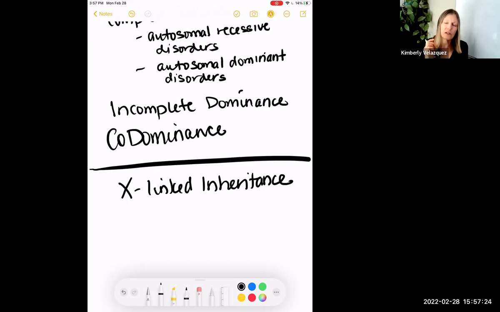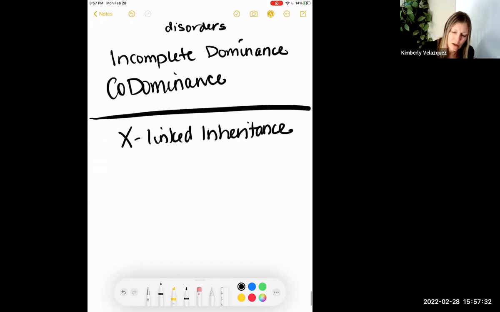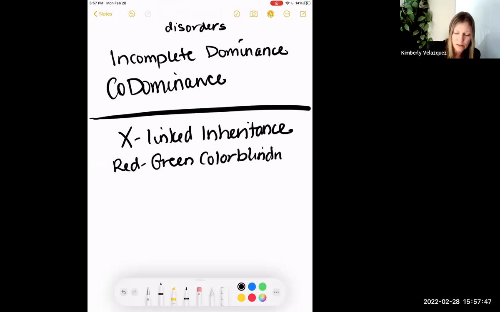And again, this is looking at, are you genetically male? Are you genetically female? And do you have the normal number of X and Y chromosomes? There are going to be 5 possible outcomes. I'm going to use red-green color blindness as my first example of an X-linked trait.